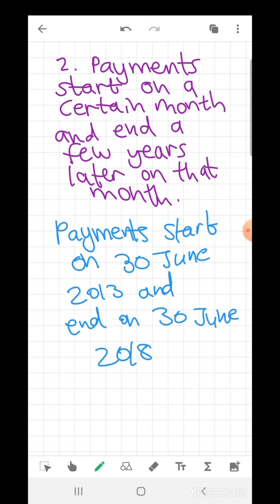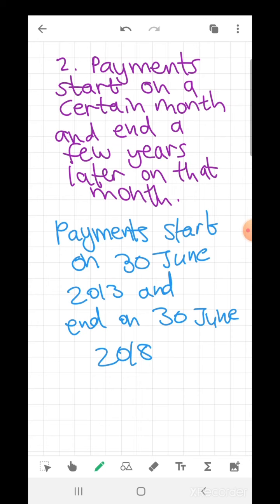In this example, obviously they would have to say payments are being made every month and so on. So in this example, again, what some of you may be tempted to say is June to June is all linear and great. And if it's 2013 to 2018, it's 5 years. So it's going to be exactly 60 payments. But remember, you are counting the 30th of June 2013 as one payment.